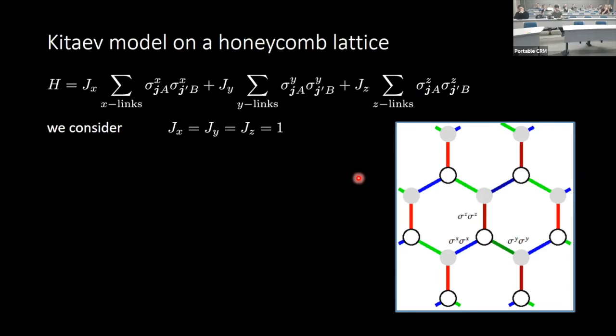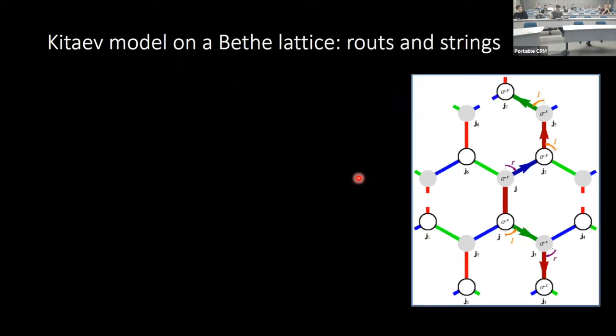It turns out that you can actually push the same approach to apply it to the Kitaev model on a honeycomb lattice, but not actually on a honeycomb lattice, but on a Bethe lattice, which is honeycomb-like. This Bethe lattice is different from the honeycomb in the sense that it has no closed loops.